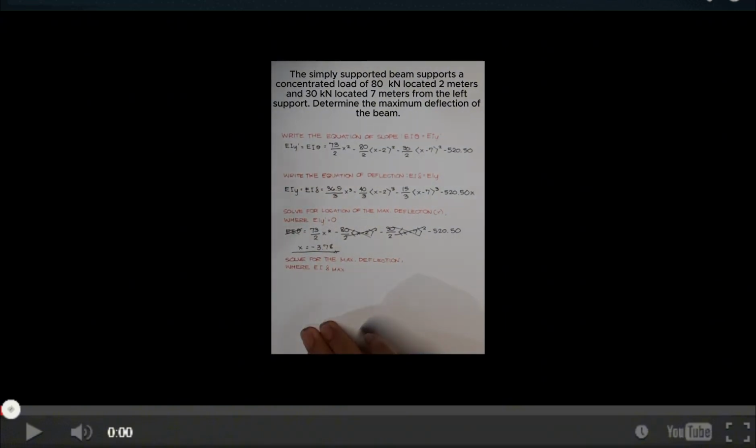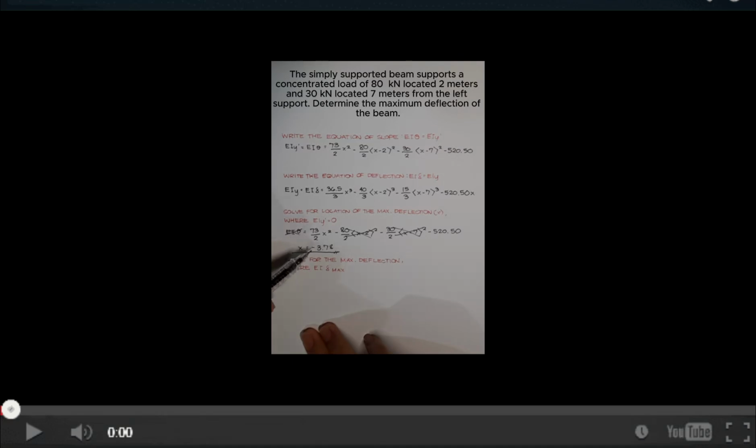Now, we already have this answer. Gagamitin natin siya para makuha naman yung maximum deflection. I-rewrite lang din natin itong location of the maximum deflection na solution na ginamit natin. Then, isa-substitute natin yung x base na nakuha natin.